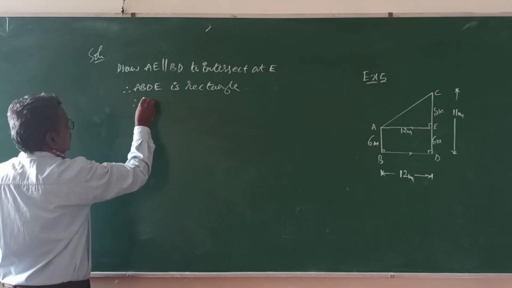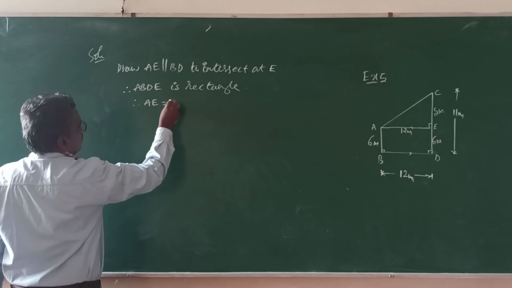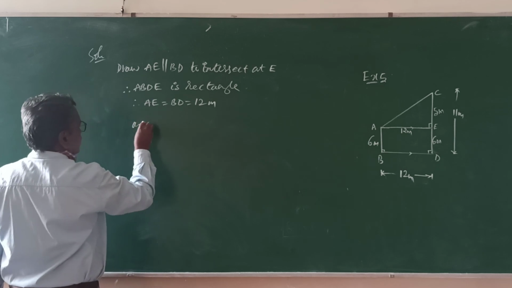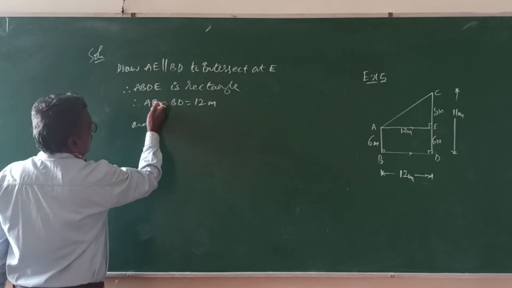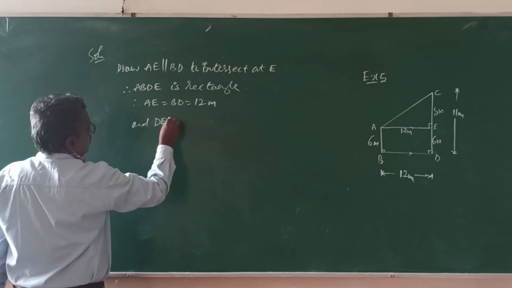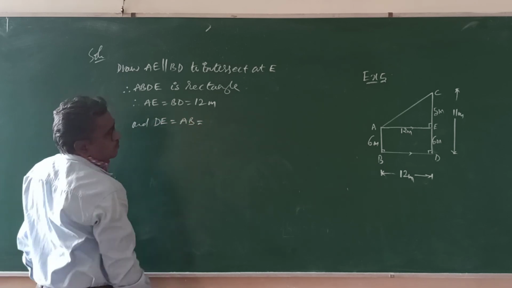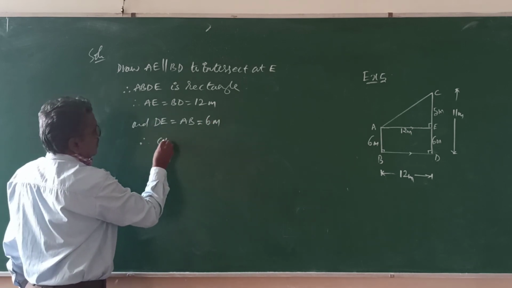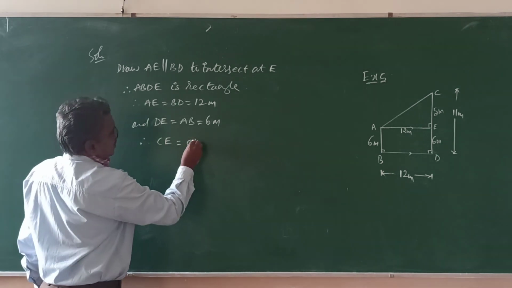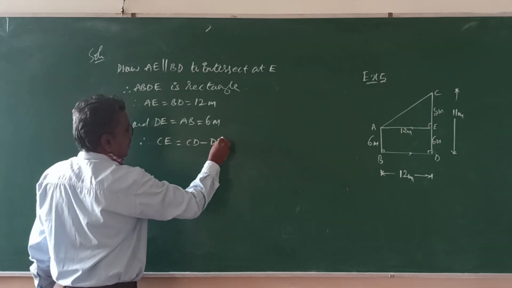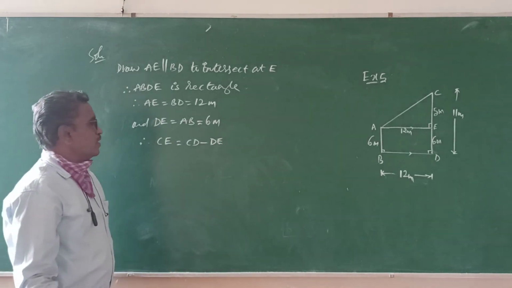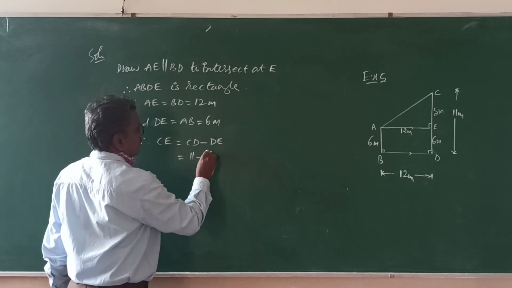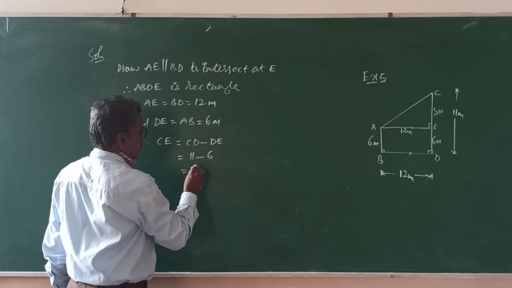Therefore AE equal to BD equal to 12 meter and DE equal to AB equal to 6 meter. Therefore CE equal to CD minus DE. The figure tells us 11 meter, so 11 minus 6 equal to 5 meter.